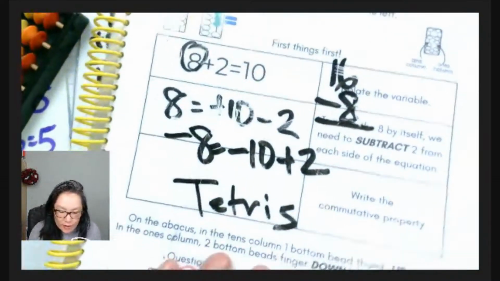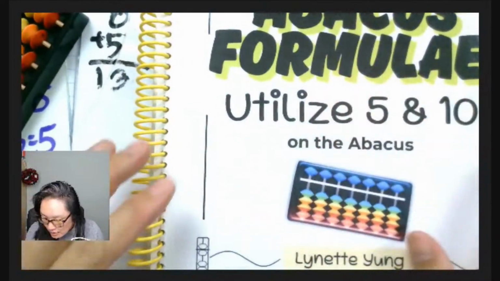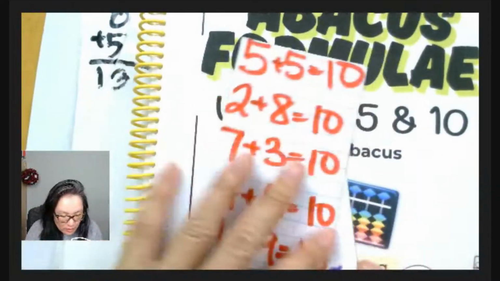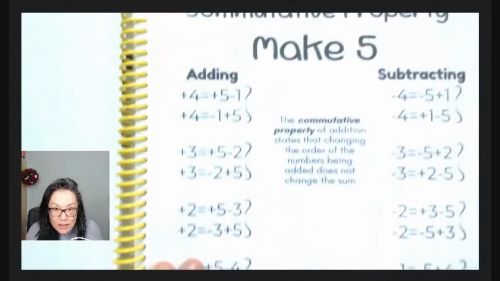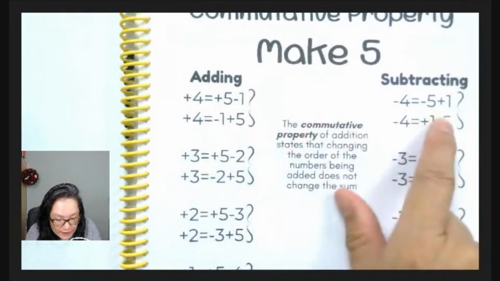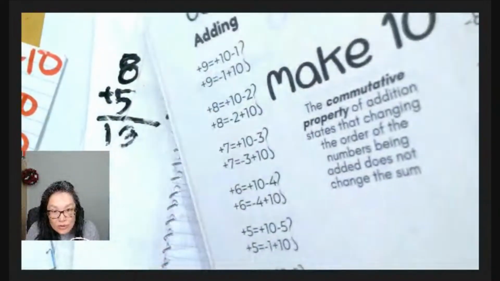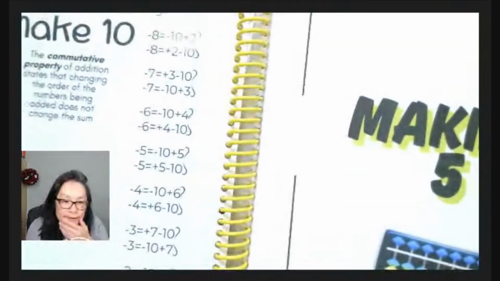Everything you see here: how to make a 5, adding 5, take away the 5, adding the 10, take away the 10. That's all the same thing.